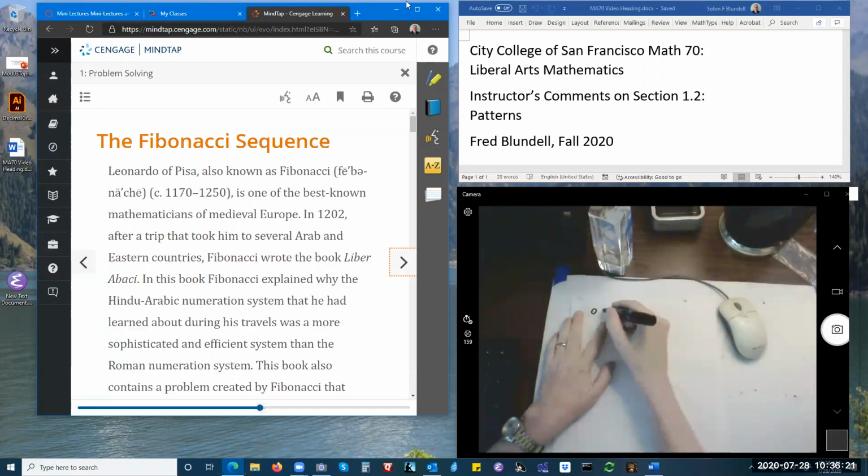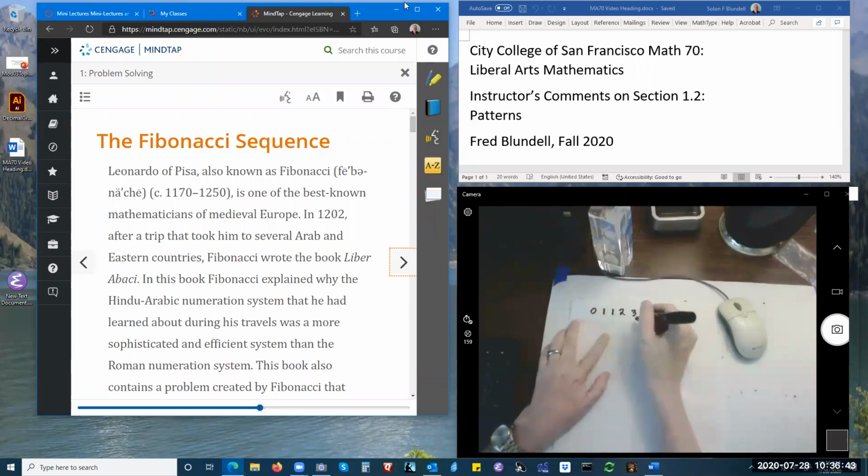So your sequence goes 0, 1, then you add those two and you get 1, and then you add the 1 and the 1 and you get 2, and then you add the 1 and the 2 and you get 3. The 3 and the 5 here make 8. And so it goes.